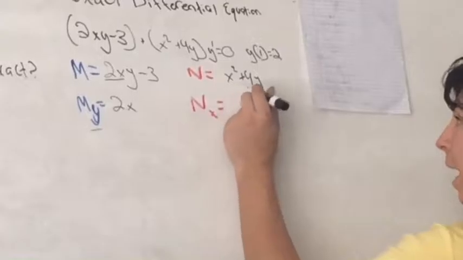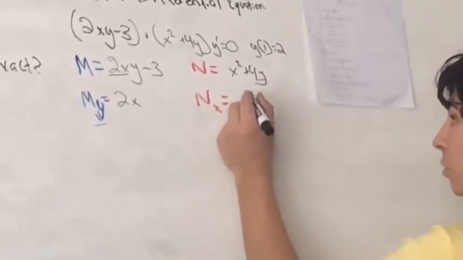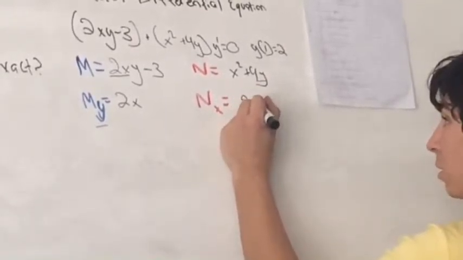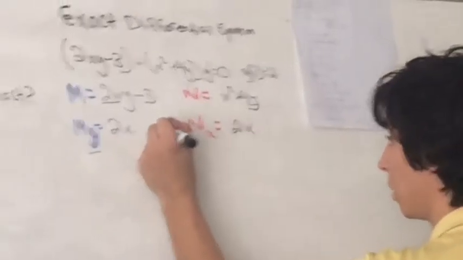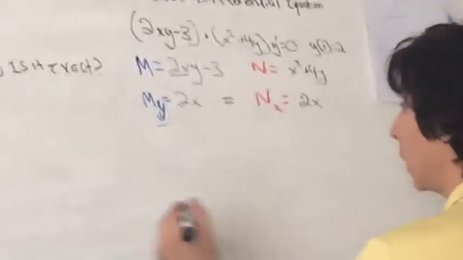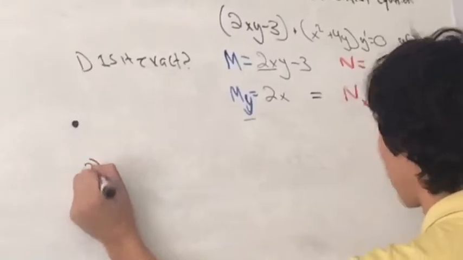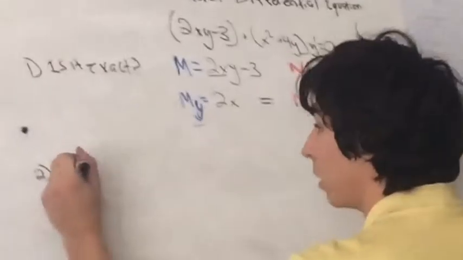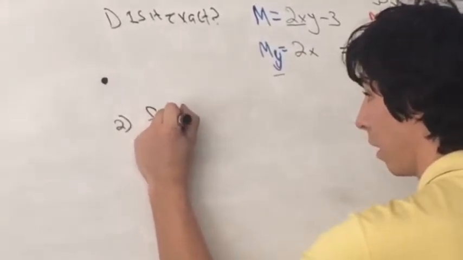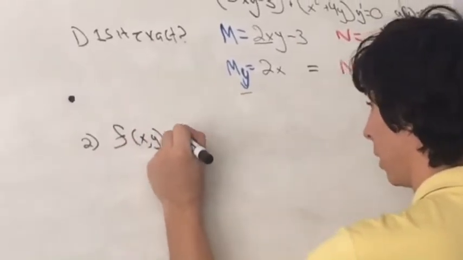We find that the 4y is a constant, so that goes away, and we're left with 2x. So these are equal. So our next step is finding what f of x and y is.